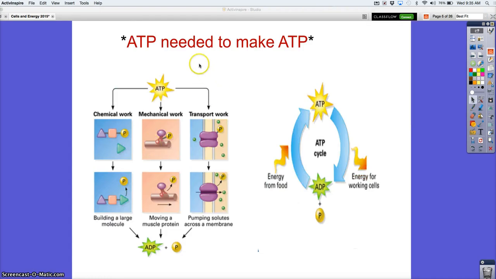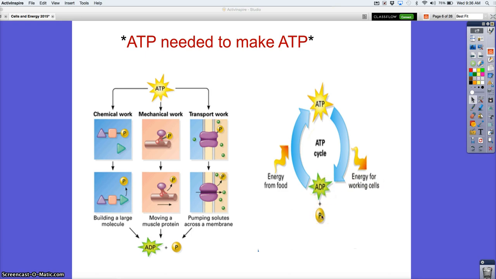Keep in mind that it takes ATP to make ATP. So where did the first ATP come from? Sun. Thank you. That's our only answer because there is none. So ATP, when you break a bond, energy is released for cells. ADP and P are left over.